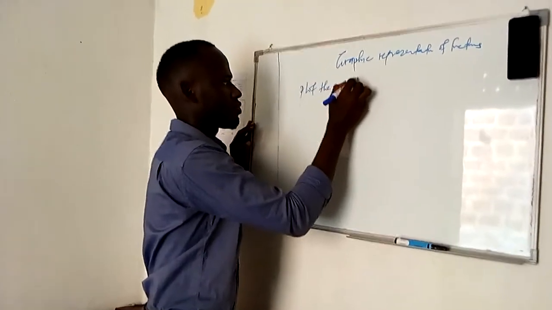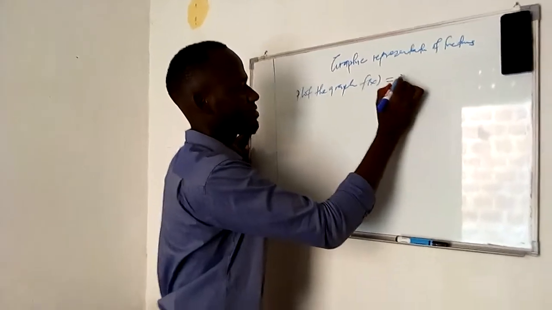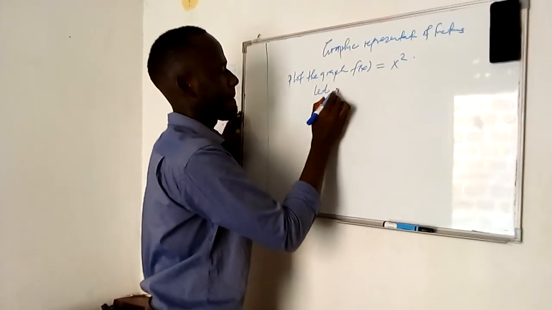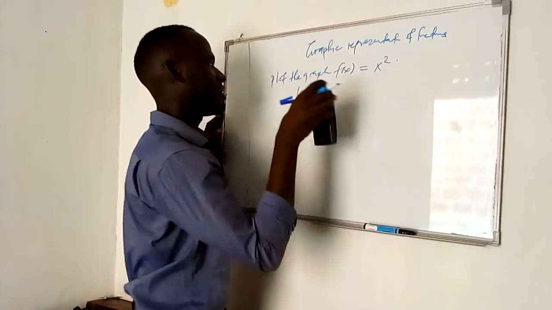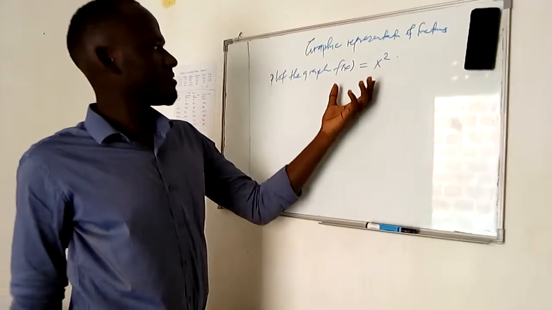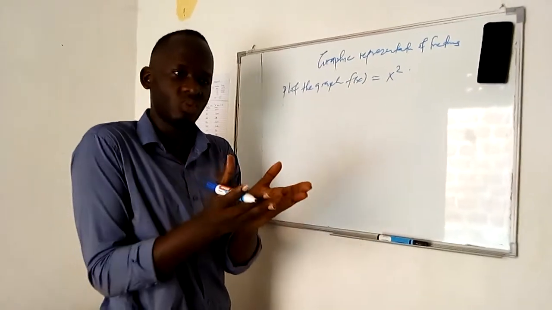The graph with a function like f of x is equal to, let's say, x squared. Before you start, there are two conditions. You will either be given a range with which you will get the figures from.